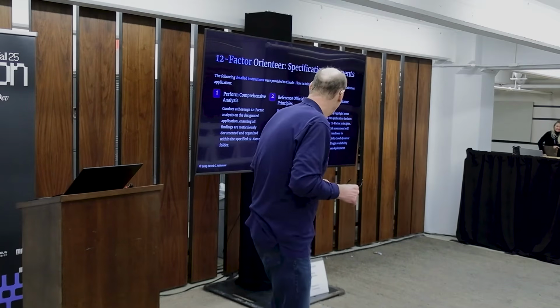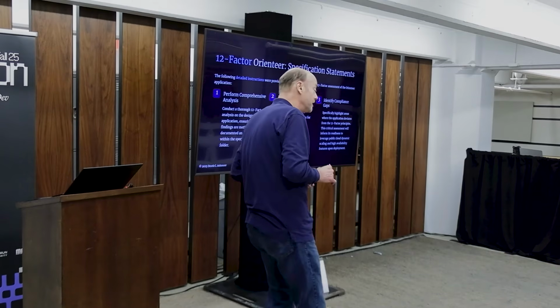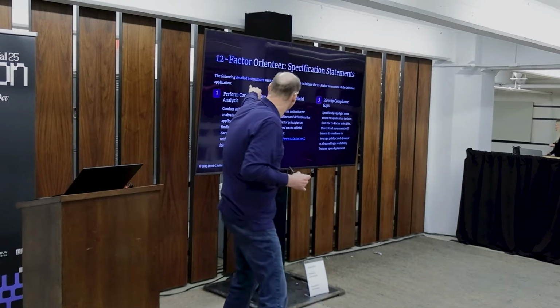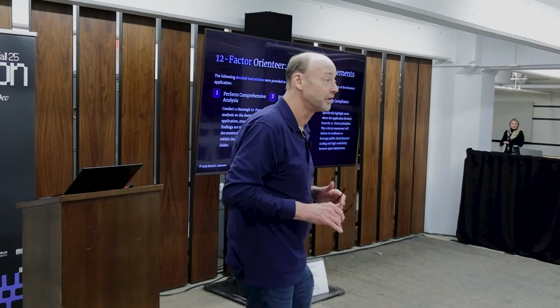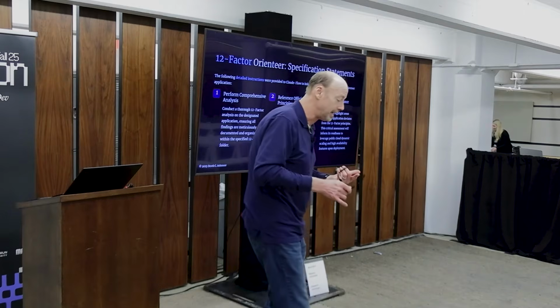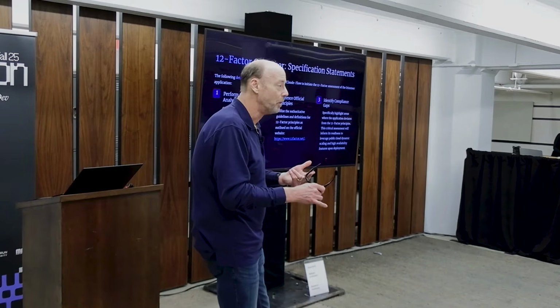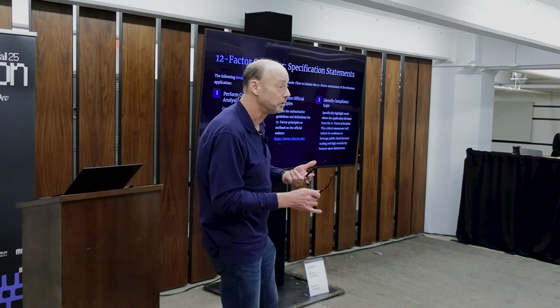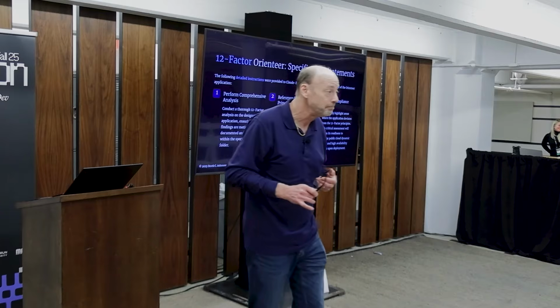Okay, so what I did is I crafted a series of English statements, and there's a link for the detailed instructions. I've cleaned them up a little bit so I could present them on a slide, but I basically just asked my team, hey, give me a 12-factor analysis. By the way, the 12-factor principles are nicely defined on the web, so you can go read them and look them up.